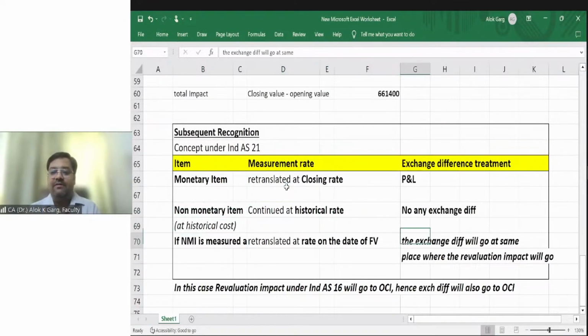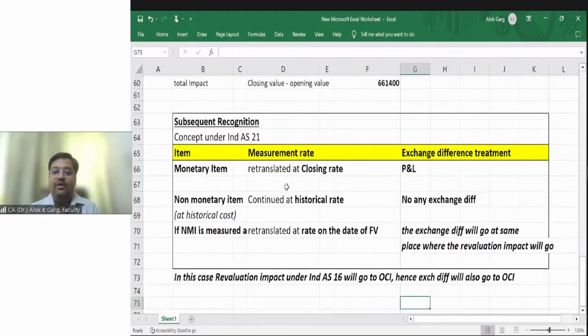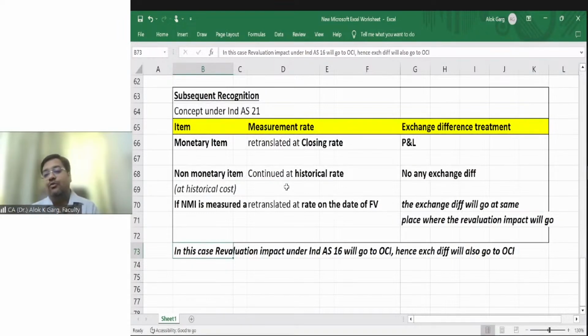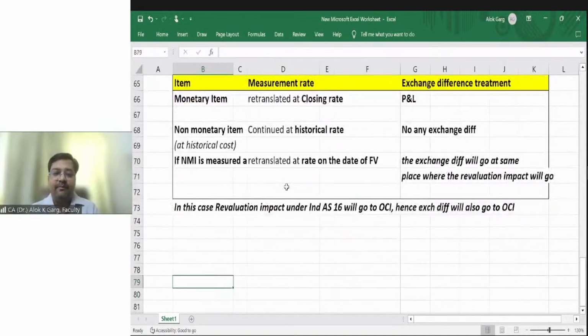No exchange difference will be there. If a non-monetary item is measured at or retranslated at the rate on the date of fair valuation, the exchange difference will go to the same place where the revaluation impact will go. In this case, revaluation impact under Ind AS 16 will go to OCI. The exchange difference will also go to OCI, the example which we have seen in the PowerPoint presentation, right?